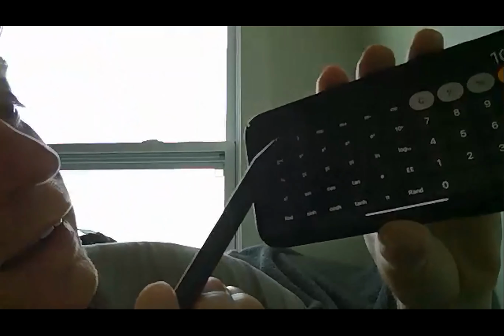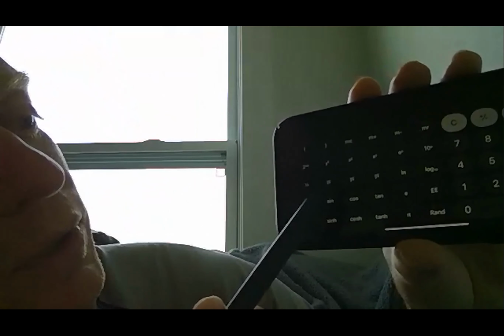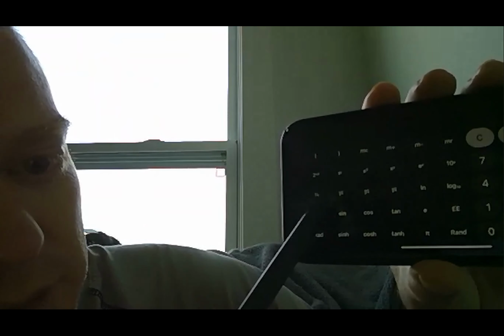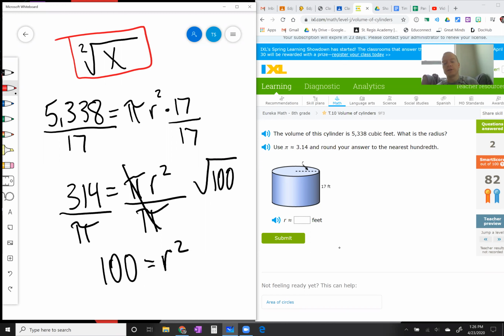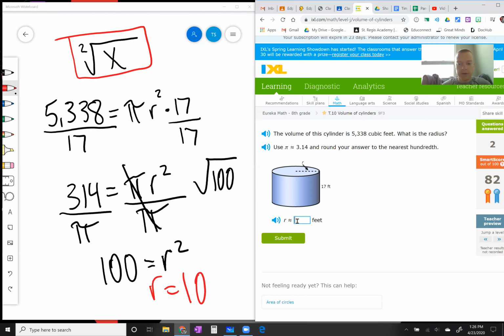Anyways, it's the little square root button with a 2 by it. Let me draw it on here for you so you can see. If you're using a calculator, it's going to be this button. This is your square root button on your calculator. So we should know that r is going to be 10. We can tell that our radius is 10 feet.